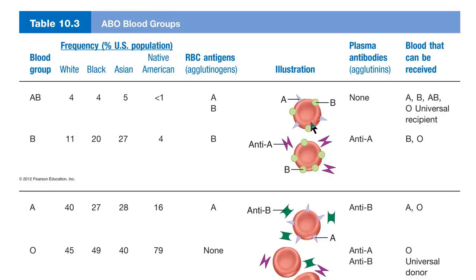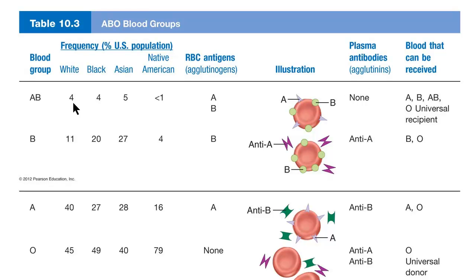So if we are born with these on our red blood cells, we will not have any antibodies to A or B antigen, because that would clump our red blood cells up and attack the red blood cells and cause death. So in a person who has type AB blood, they have no antibodies in their plasma against the A and B antigen.